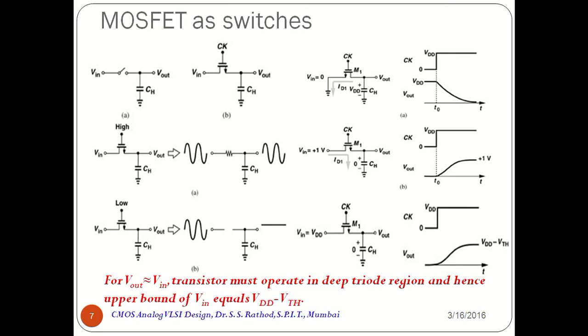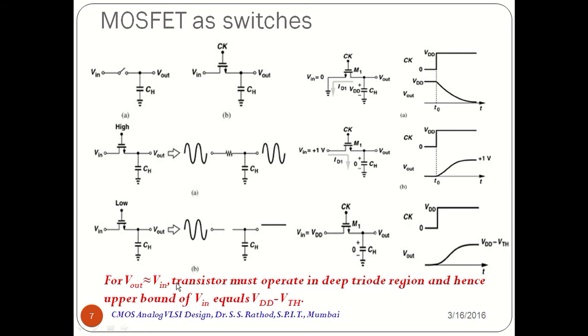VGS basically drops. So, when output voltage reaches VDD minus VTH, VGS will be equal to the threshold voltage. After that, VGS will be less than VT. Therefore, the switch turns off when output voltage reaches VDD minus VTH. Therefore, the maximum output possible in this case is VDD minus VTH and output does not reach VDD.